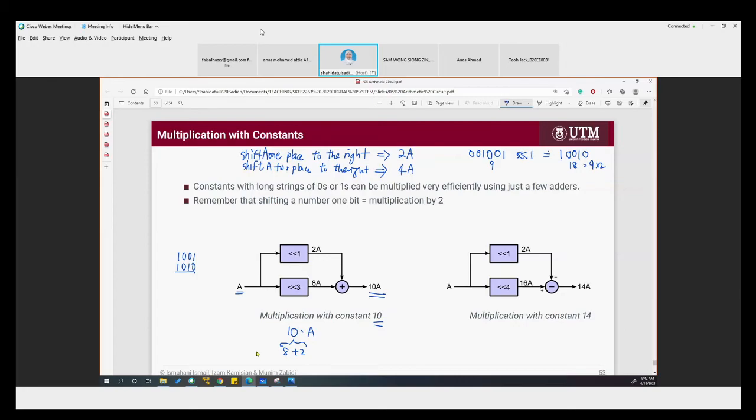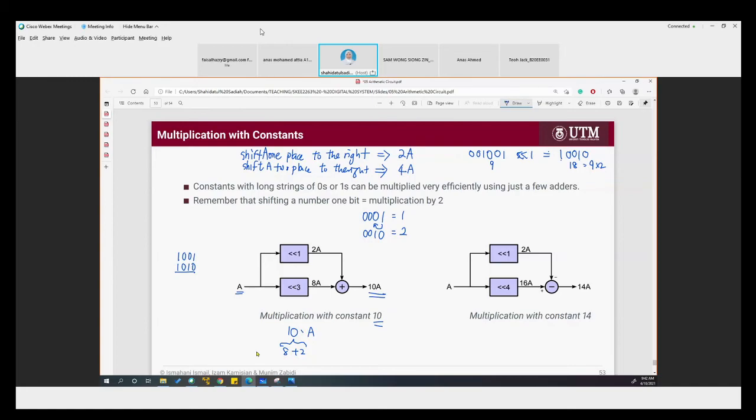Let's say we have 0001. So this is 1. When we shift 1, it will be 0010. This is 1 by 2, so now this is 2.